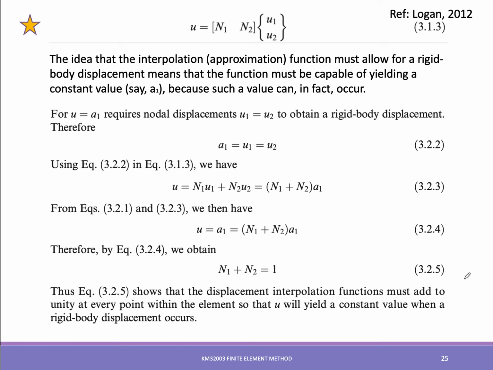The last would be just the idea of these approximate displacement functions, where they allow the rigid body displacement. The important point is that we would have, let's say, the nodal displacement u equals a1.